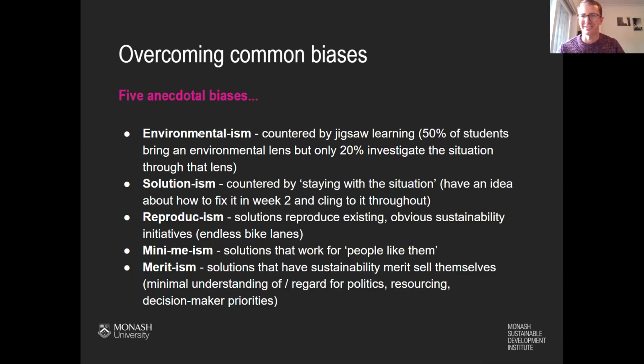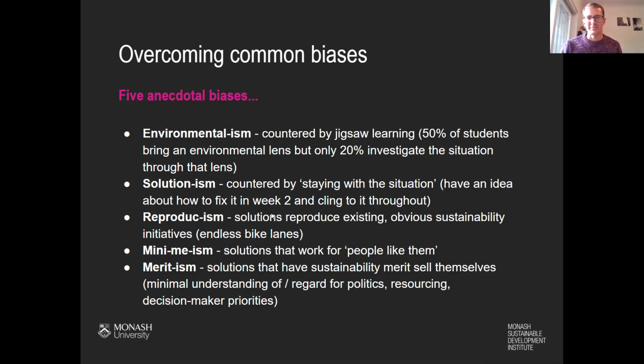We think that it counters some key biases in students by forcing them to adopt different lenses at the outset. Only 20% of them get to look into the transport system from an environmental perspective at the start, even though 50% probably would naturally take that approach. They have to stay with the analysis, the exploration, and the understanding of the system until the halfway point of the unit, whereas many of them want to jump in with solutions right away.